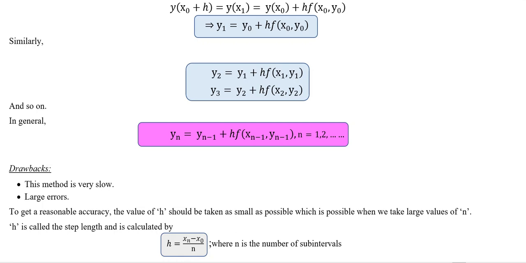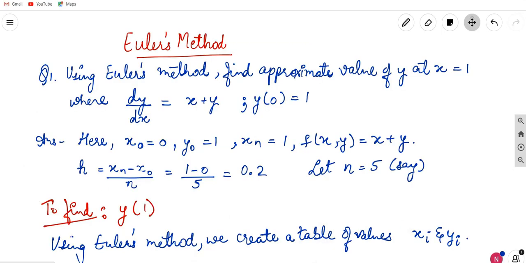So moving ahead with the questions, we have this first question. Using Euler's method, find the approximate value of y at x is equal to 1, where dy by dx is equal to x plus y, with the initial conditions y at 0 is equal to 1. So here we have x naught as 0, y naught as 1, xn is equal to 1.